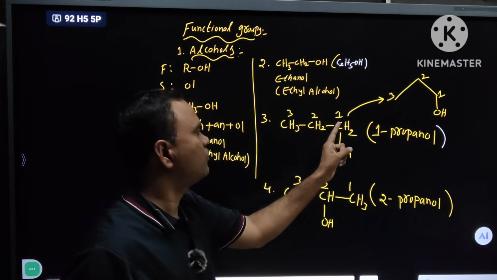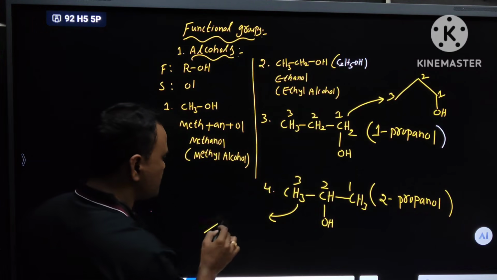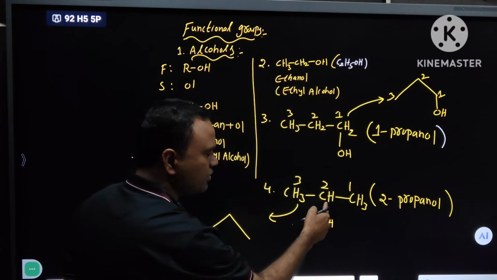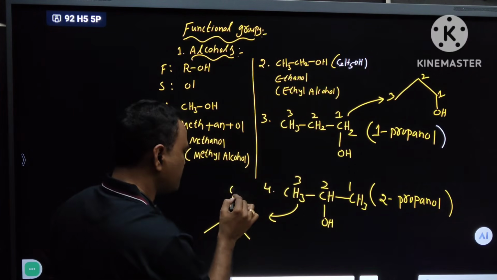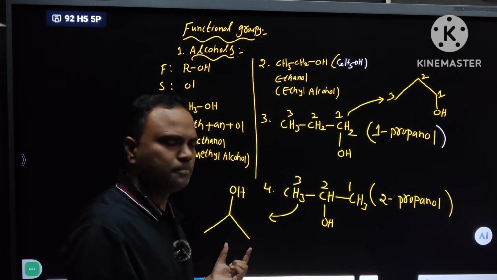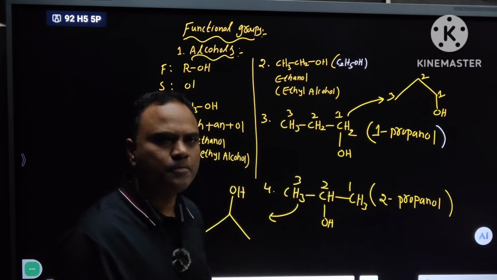For 2-propanol, the bond line representation is like this: 1, 2, 3 carbons, and in the middle the OH group is present. Clear? So this type of representation is also important.